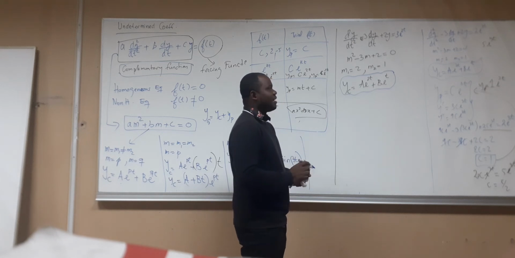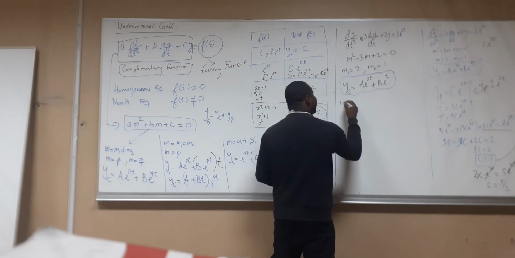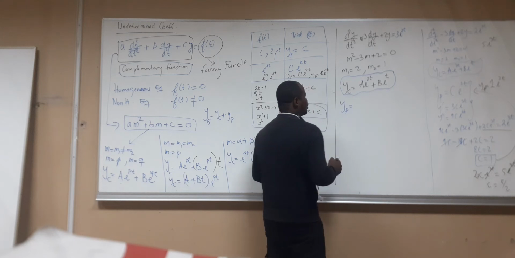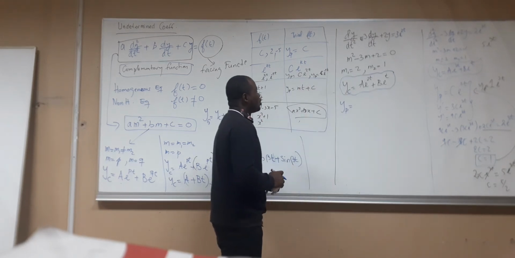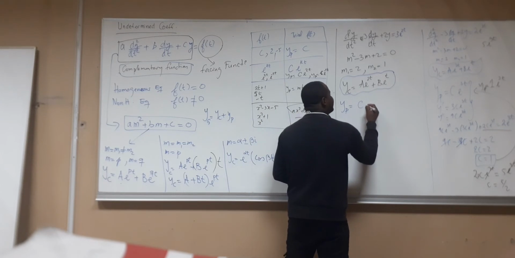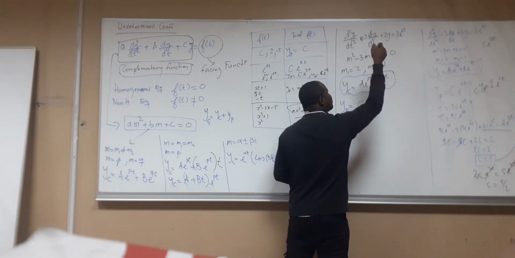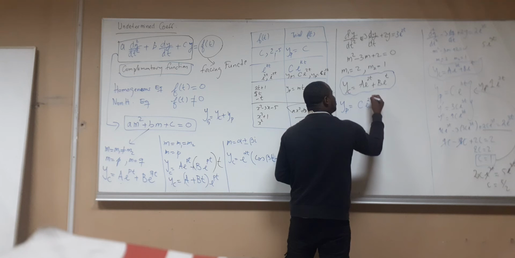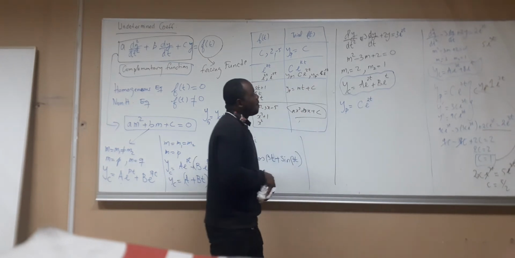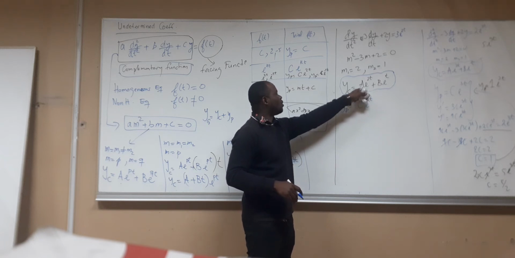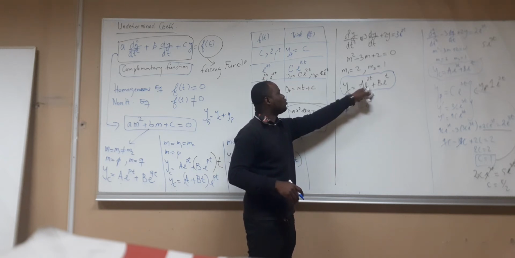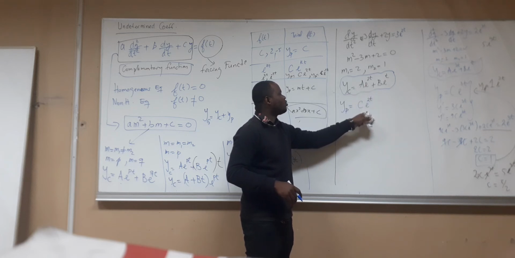But now the problem will be here in our trial function. Because we have an exponential function, it will be c e to the power, and I have to repeat exactly what was there, 2t. But if I put this one, you can see it's going to clash with this one because we have a e to the power 2t and here we have c e to the power 2t.